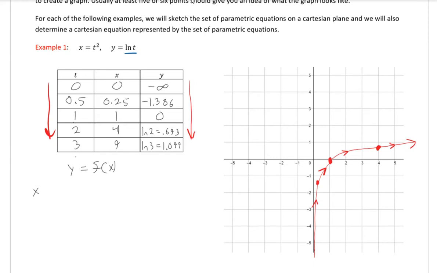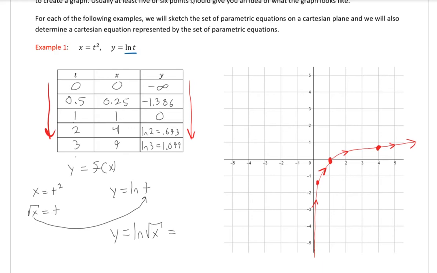I could take x equals t squared, square root both sides, and simply have that t is equal to root x. Therefore, when I take my function of y equals natural log of t, I can plug in square root of x into t, and I get y equals natural log of the square root of x.